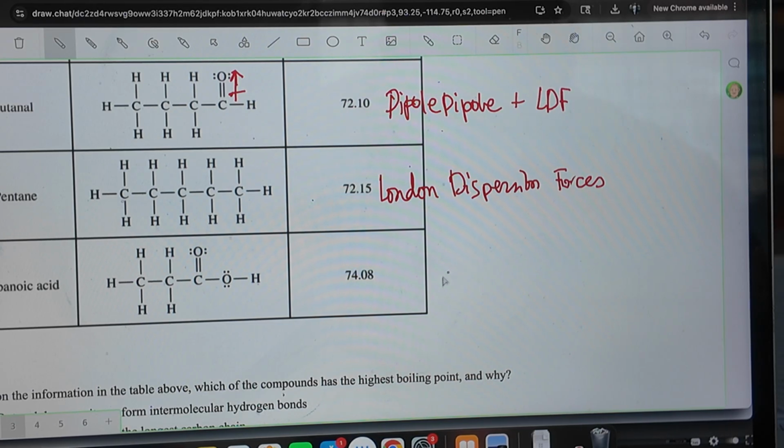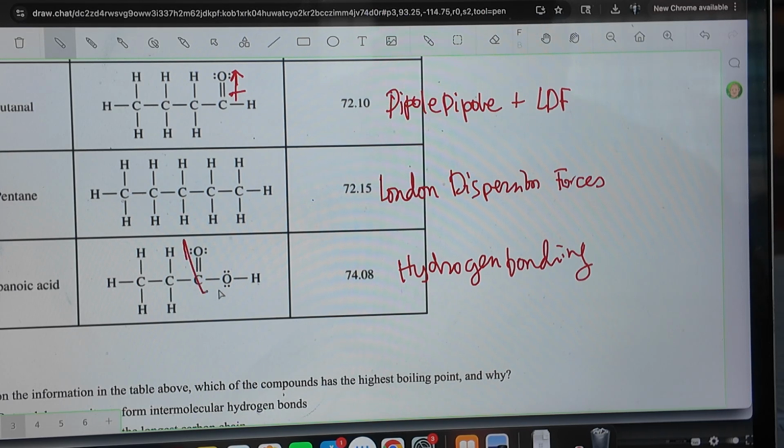And then propanoic acid has a carboxylic acid group, this COOH, which can form hydrogen bonds. So the strongest of these three, you should know, is hydrogen bonding.